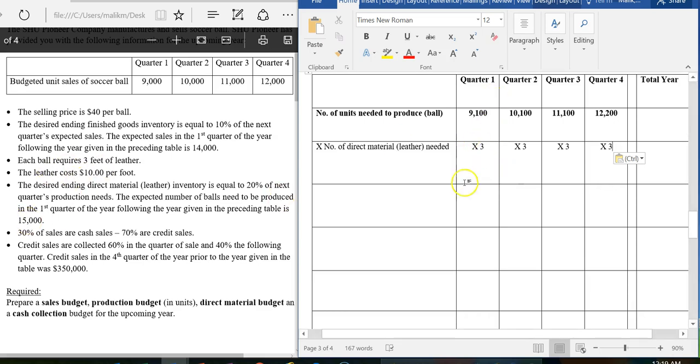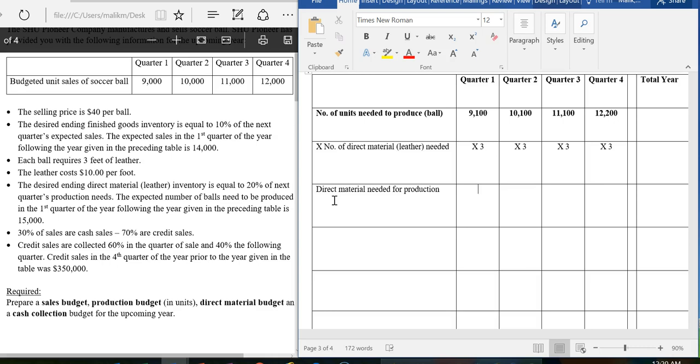If you multiply this, then you will get the total direct material needed for this production. To meet this production need, we can call it direct material needed for production.